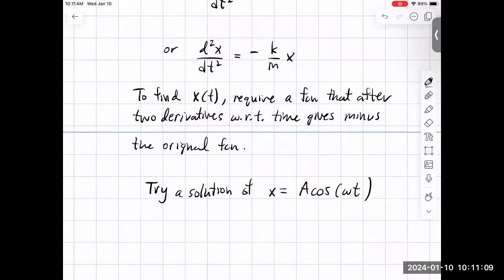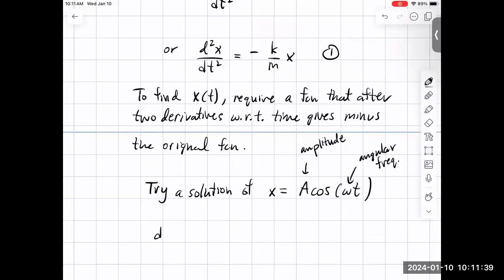Okay, A is going to end up being our amplitude, and omega will be the angular frequency. And so we'll interpret those two in just a second. If this is going to be a valid solution, what we have to do is take two derivatives and see if when we plug it into equation 1, we get an expression that makes sense.